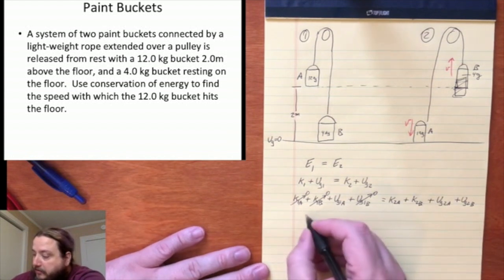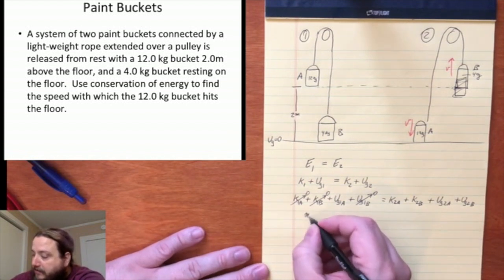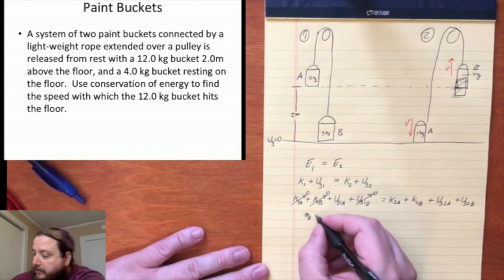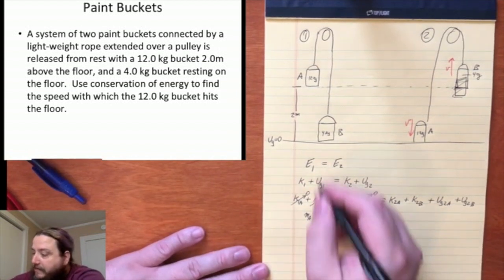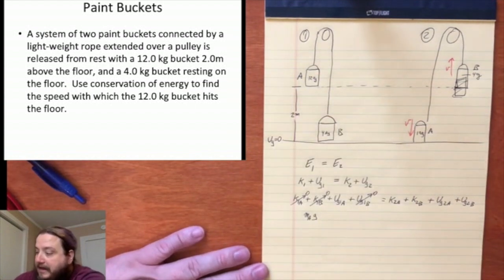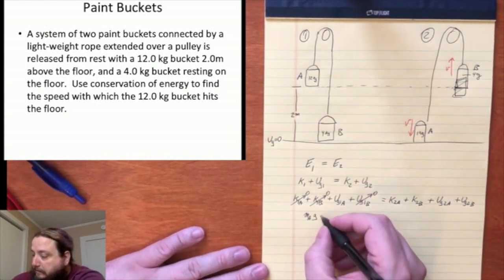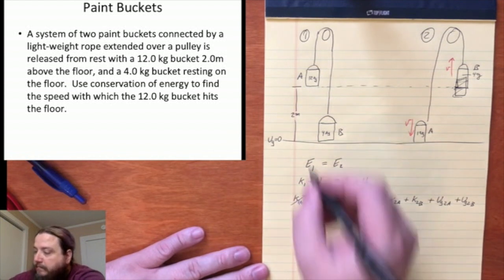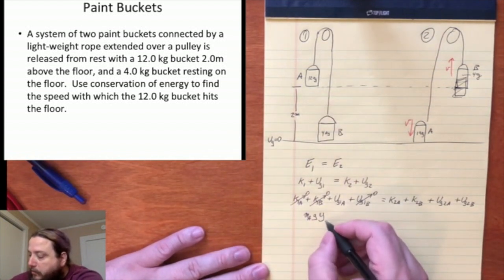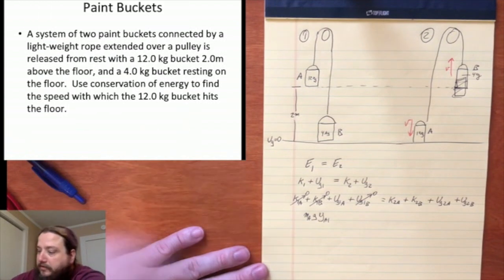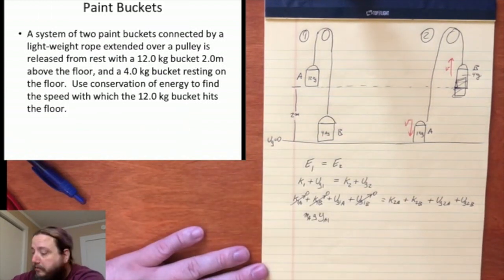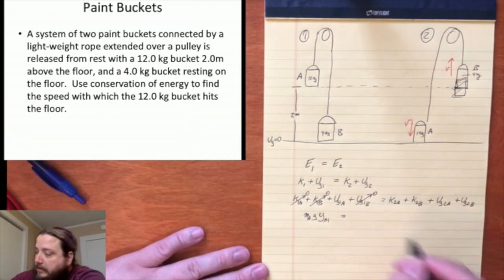So the gravitational potential energy of bucket A, that's mass of bucket A times 9.8 meters per second squared times the altitude of bucket A at moment 1. So that's the position of bucket A at moment 1, which in this case will be 2 meters above the ground.